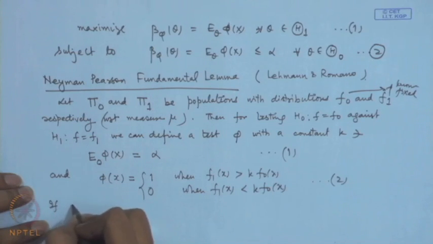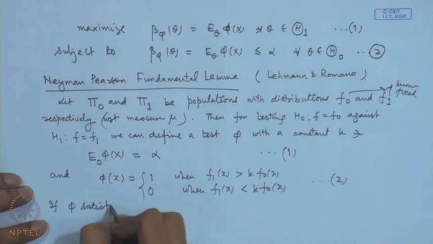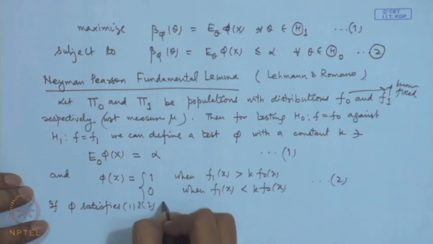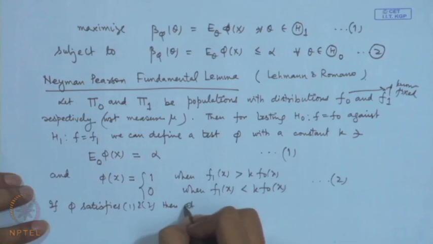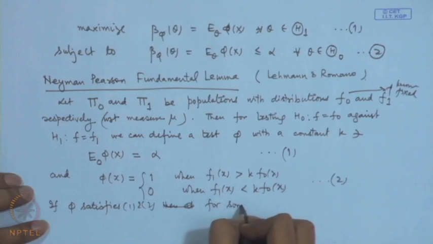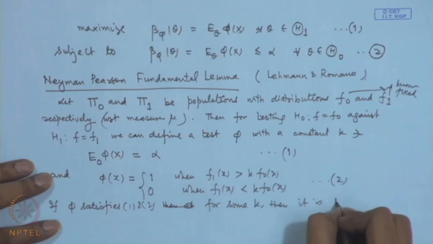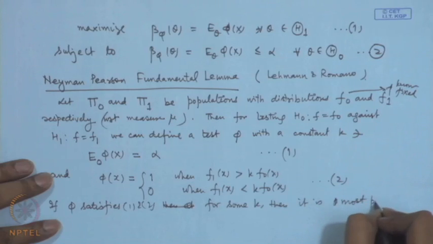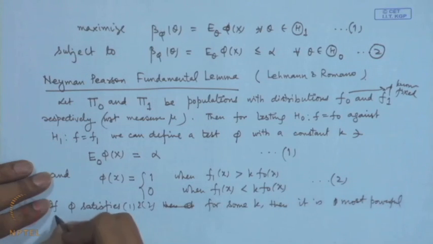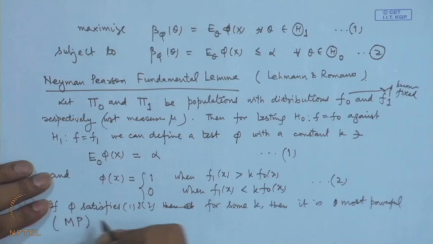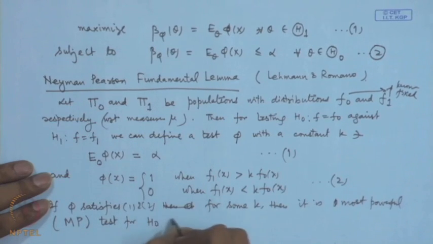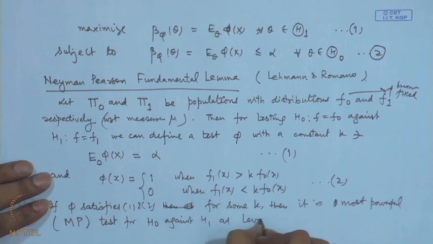If phi satisfies 1 and 2, for some k, then it is most powerful, for which we use the notation MP, for H naught against H 1 at level alpha.